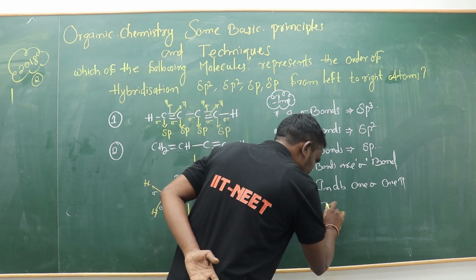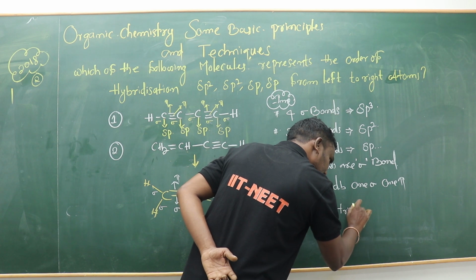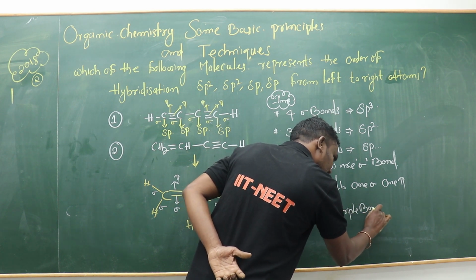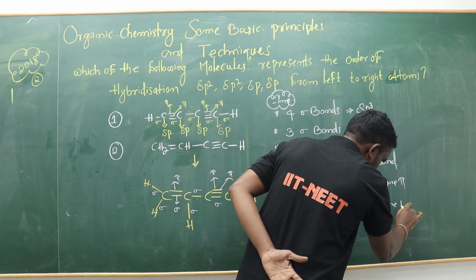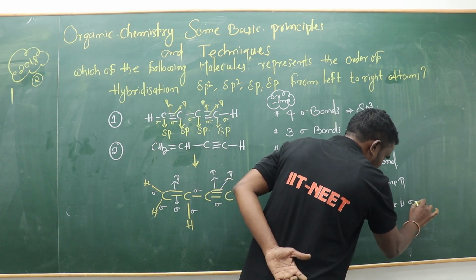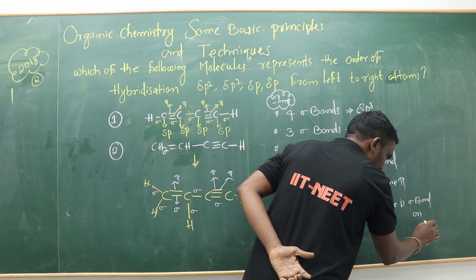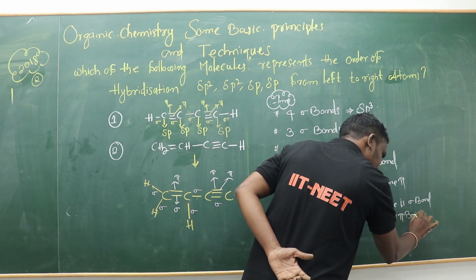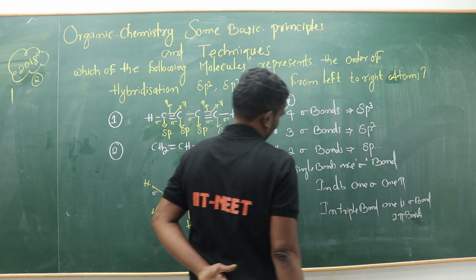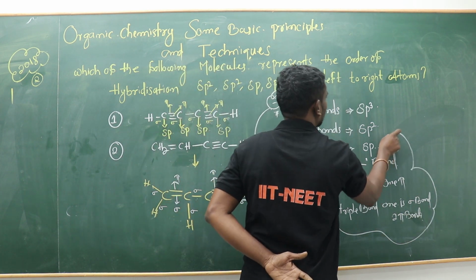In triple bond, one is sigma bond, two are pi bonds. बेटा जी ये ध्यान में रख लेना, right?